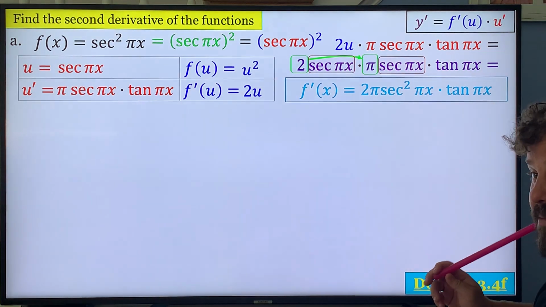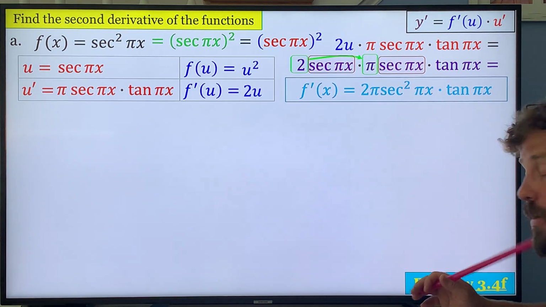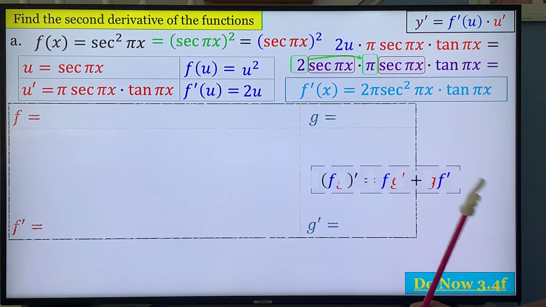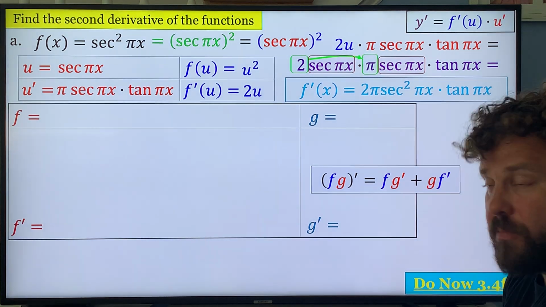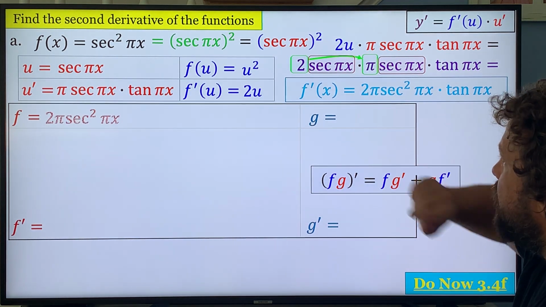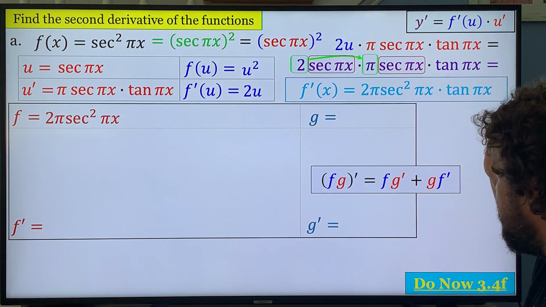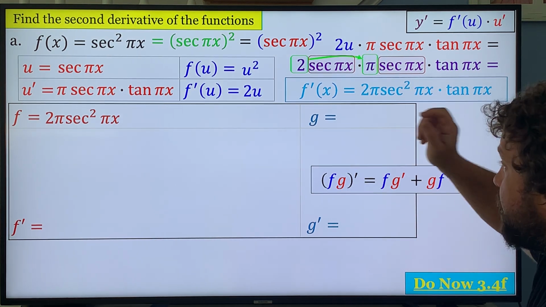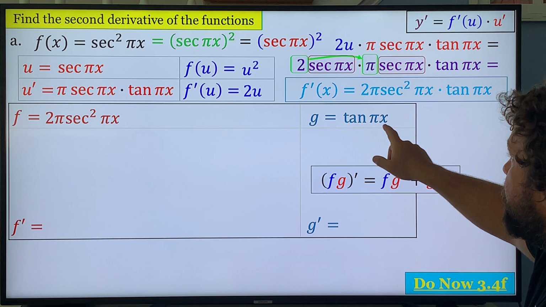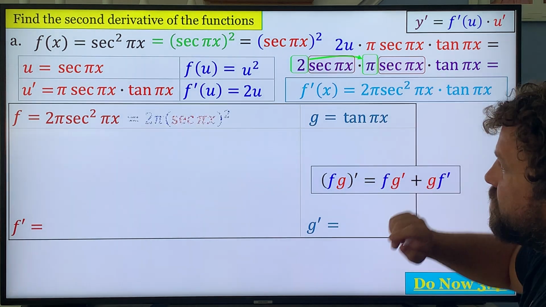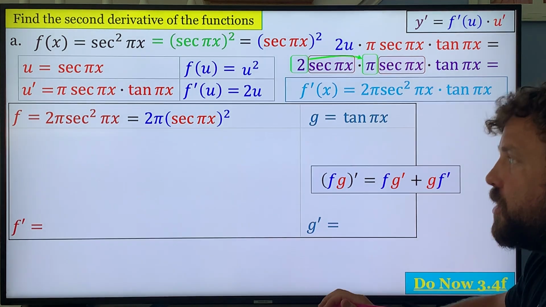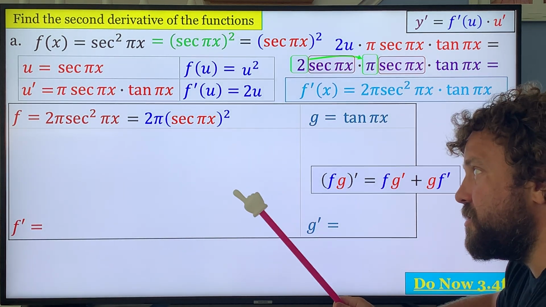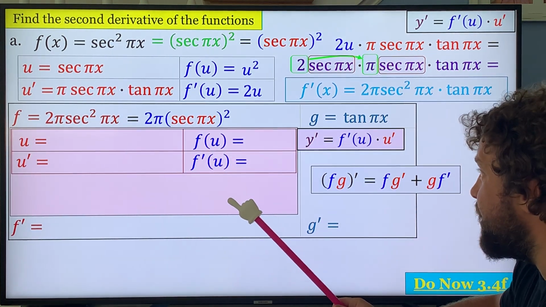Second derivative now. Now we're going to have some fun. What in the world is going on here? I'll show you. Your f is 2 pi secant squared pi x. Your g is tan pi x. This is the same as 2 pi secant pi x squared, so I'm going to have to use a chain rule inside here.